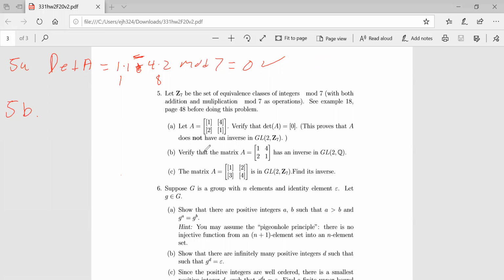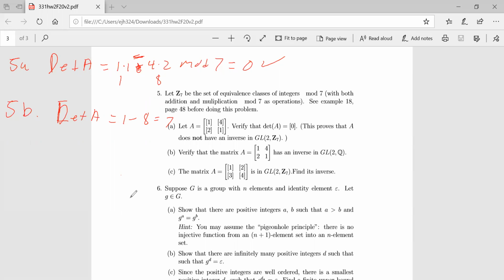So what is the determinant here? The determinant of this guy would be 1 minus 8. So that would not be in Z7, right? Justin, you want to chime in here?